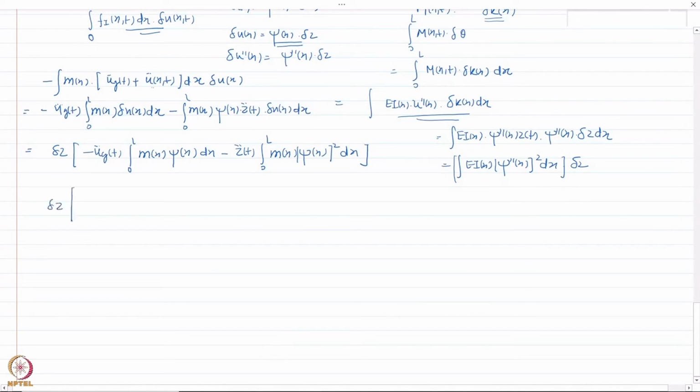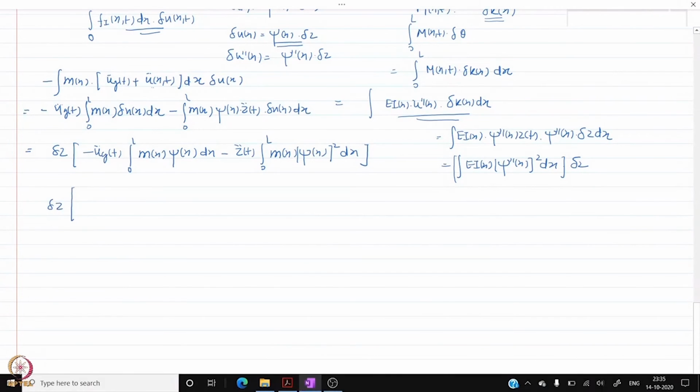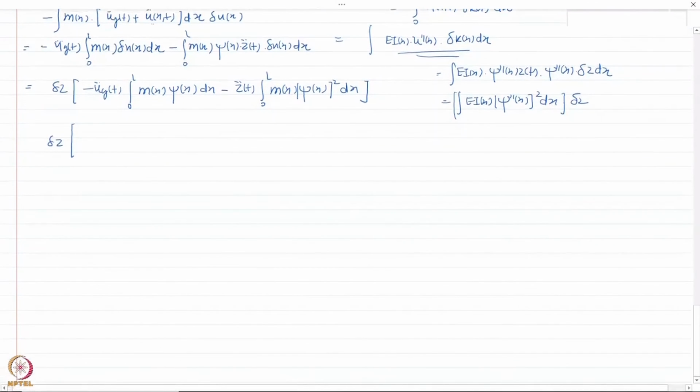m(x) times phi(x) squared dx, and this whole times z double dot (t), plus I have this term here.